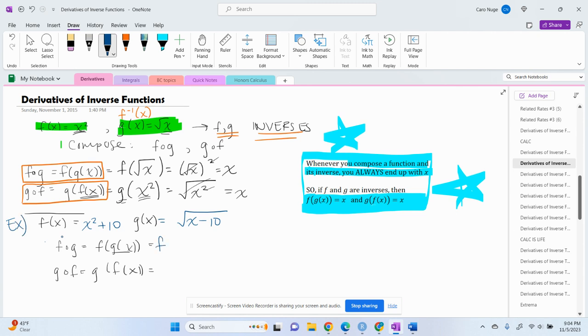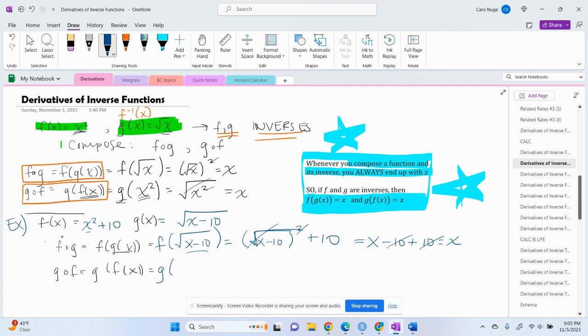So let's do f of g of x. So f of the square root of x minus 10. And I'm going to plug that into my function f. So instead of x squared plus 10, I'm going to replace x with the square root of x minus 10. So since it's the square root of the whole thing squared, that cancels, and you have x minus 10 plus 10, and it works. Awesome.